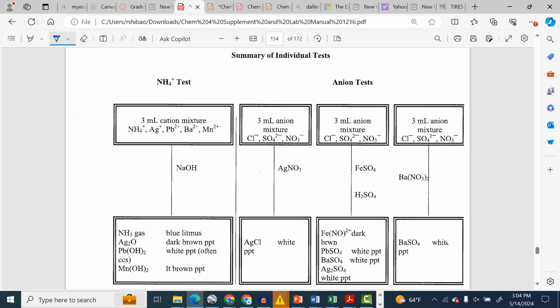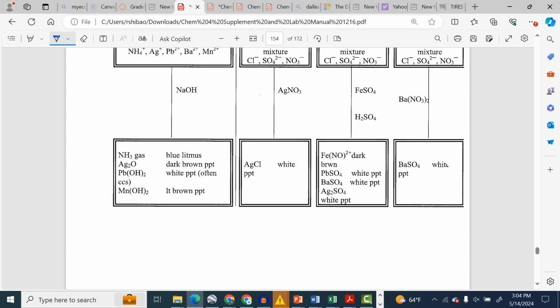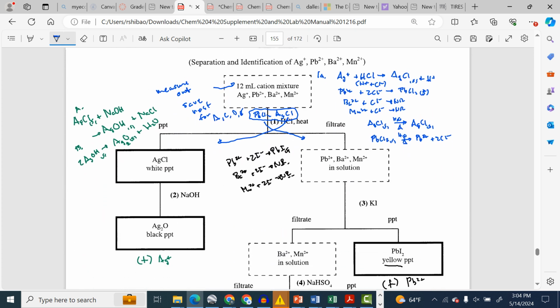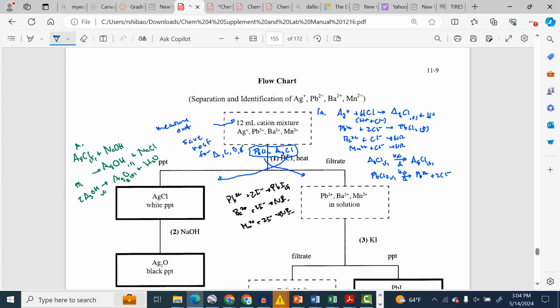So part A is the ammonium test, and then the others are the anion tests. We're jumping to part B. This is part B here.